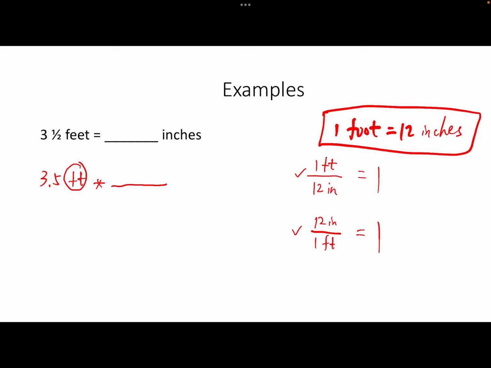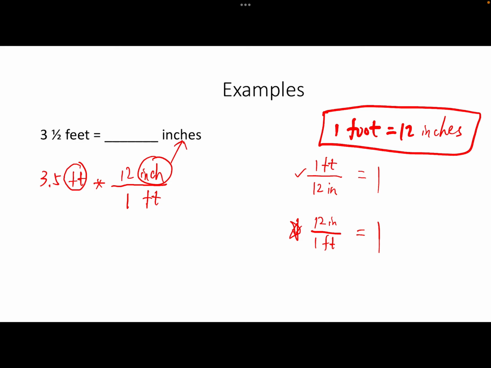The inch is the end desired unit. So we want to cancel the foot, and we need to put the foot on the denominator in the conversion factor. Obviously, this is the one we're going to use. So 1 foot will be on the denominator and 12 inches on the numerator. The inch, the desired unit, needs to be on the numerator.